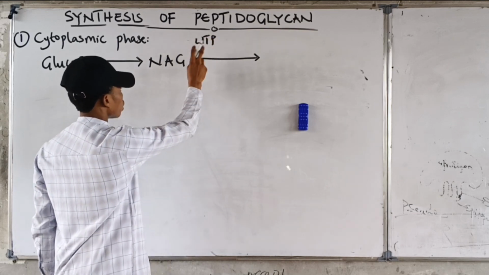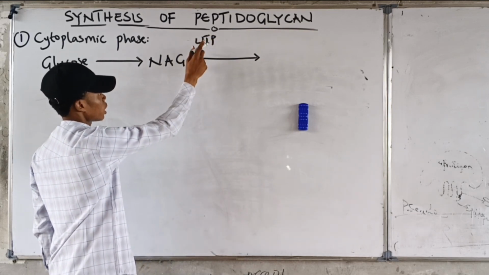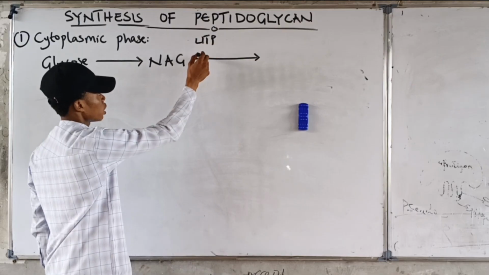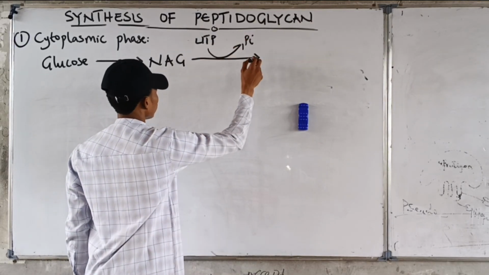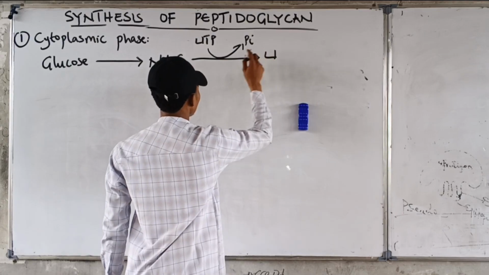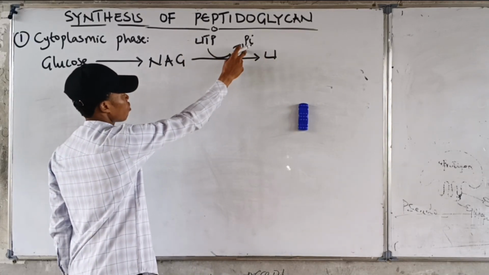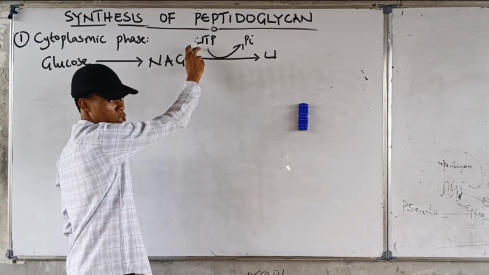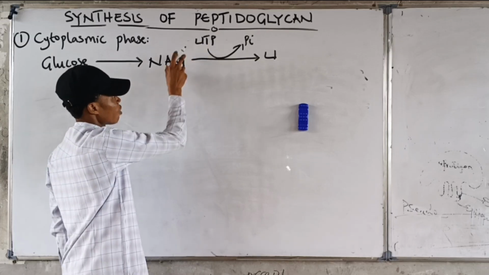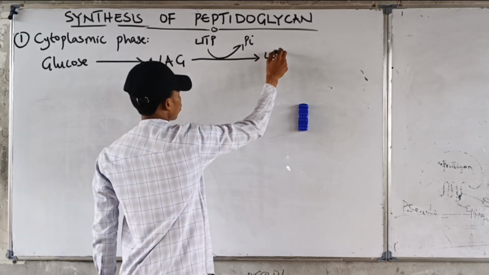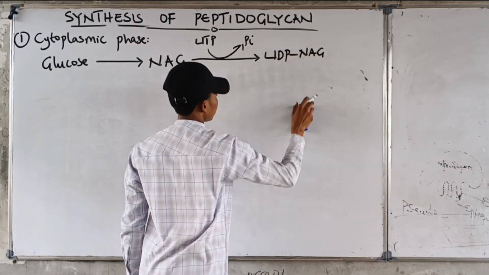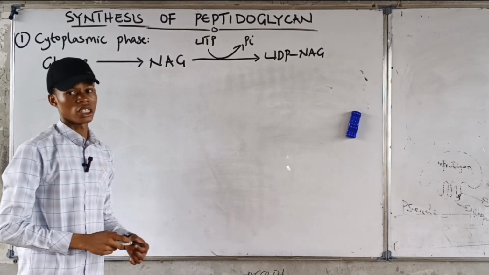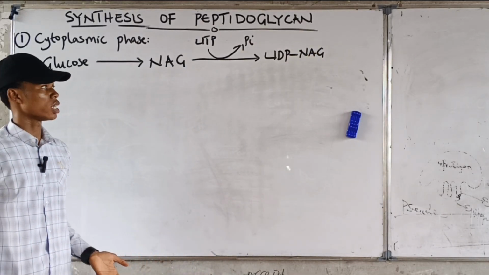UTP is a nucleoside triphosphate, uridine triphosphate, and a phosphate group is given off. If 1 phosphate is given off, what is left is uridine diphosphate. The uridine diphosphate will attach to this to form uridine diphosphate NAG. Now, this is just activation of the NAG.